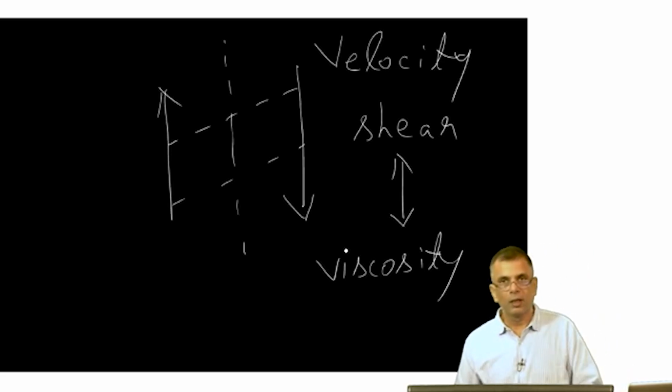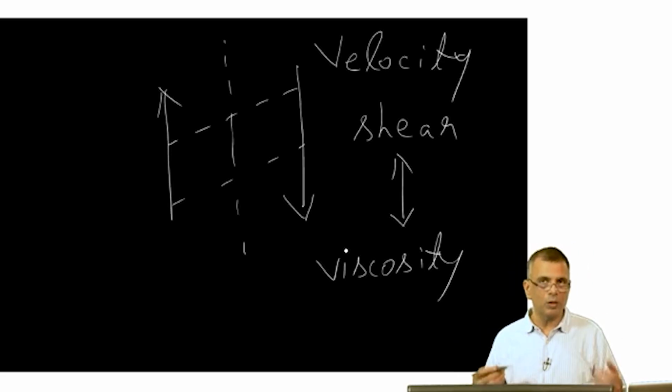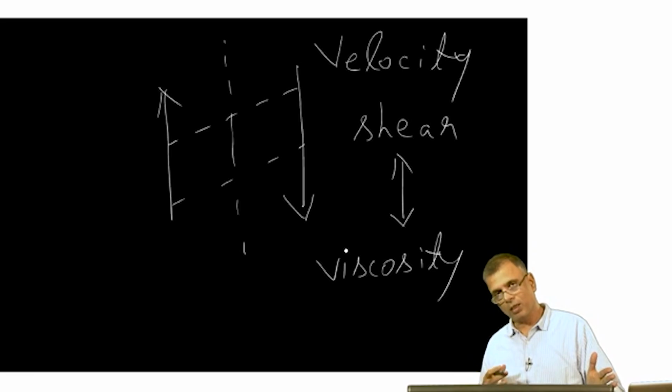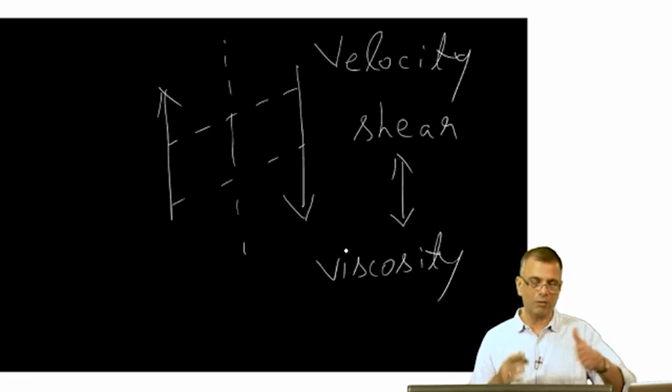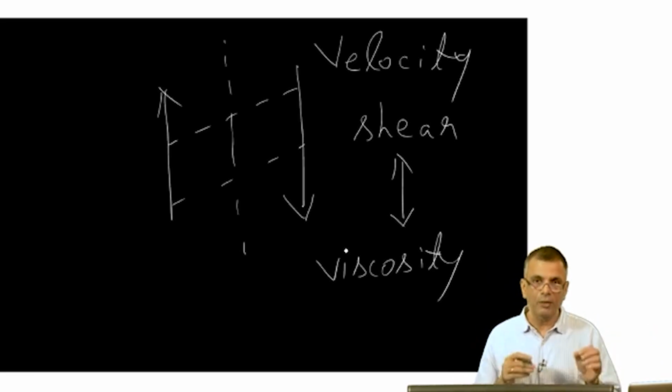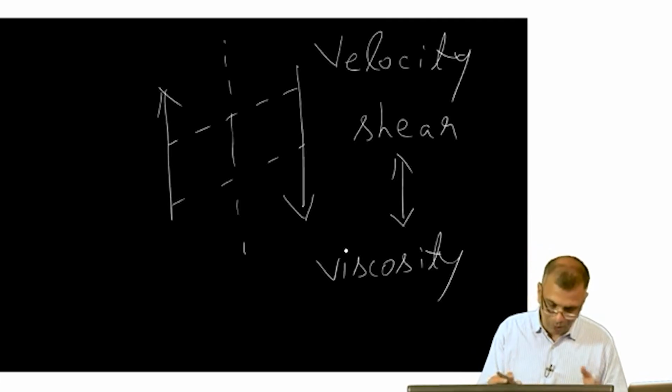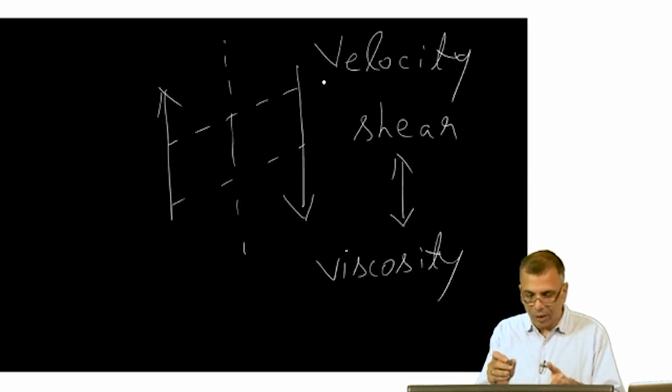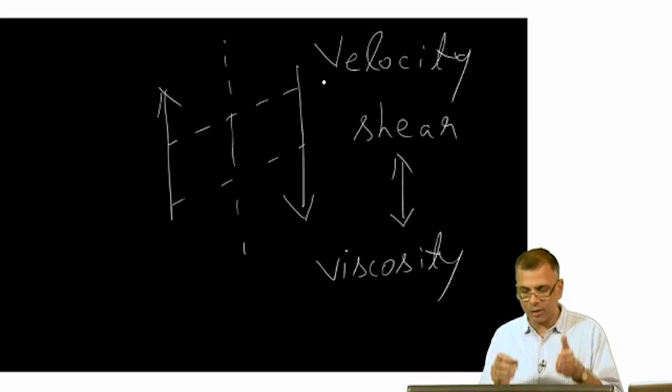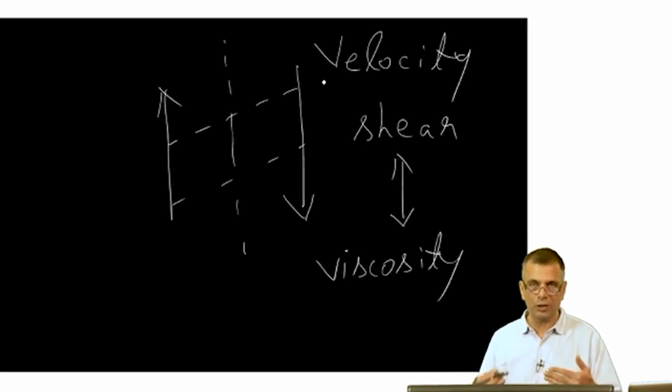Okay. If there was no viscosity, there would be no shear, in fact, because the layers would freely slide with respect to each other. It is the fact that there is viscosity in the fluid, in other words, these little rubber bands connecting the two layers, that gives rise to the phenomenon of shear itself.